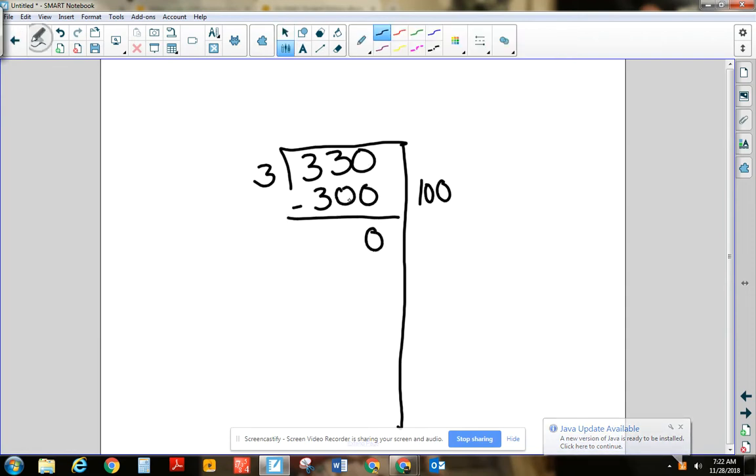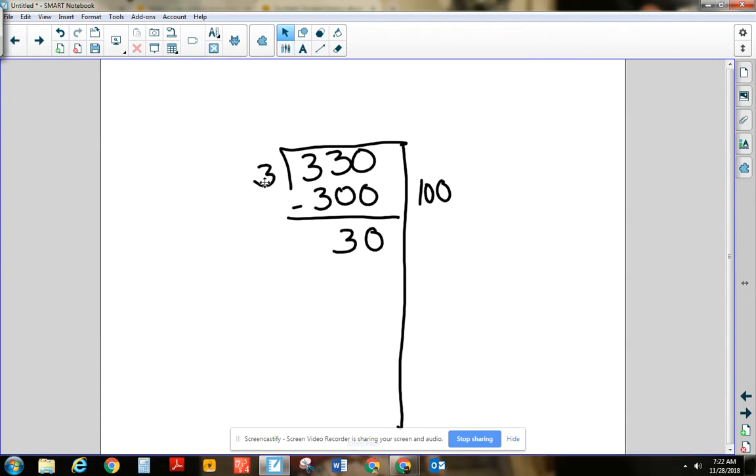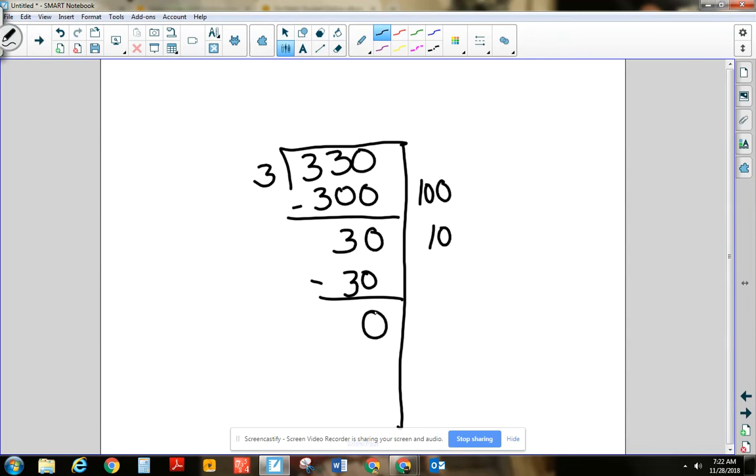Find the difference here. How many 3's fit into 30? Well, 10 of them. Make sure you line up your place value, and that's 30. I have 0 left over. So my quotient would be 110.